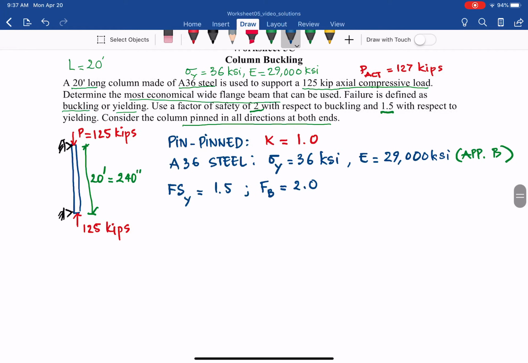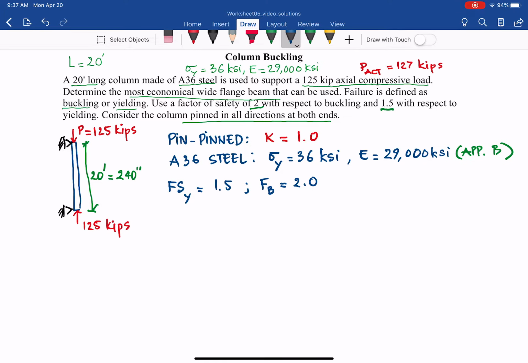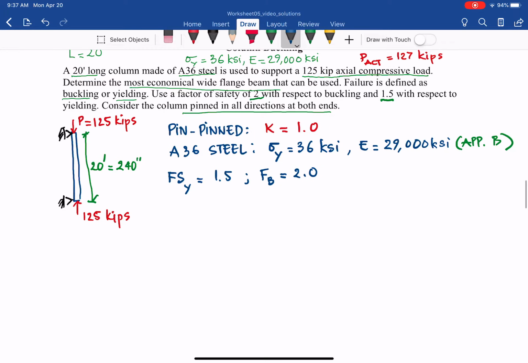So from that we can consider both buckling and yielding. So let's start with the first one, due to yielding or crushing. So from that we have the general design equation, as you can see, the actual less than or equal to allowable.